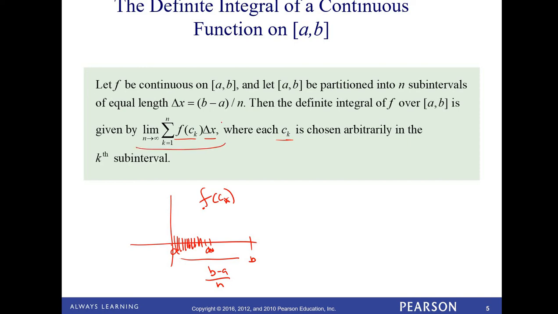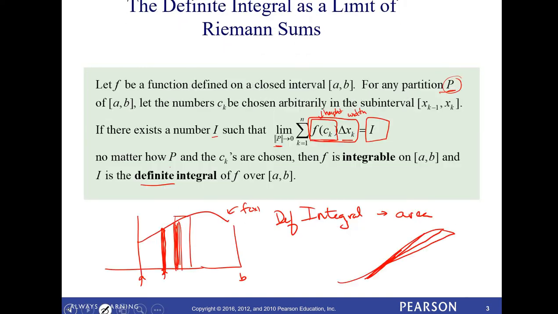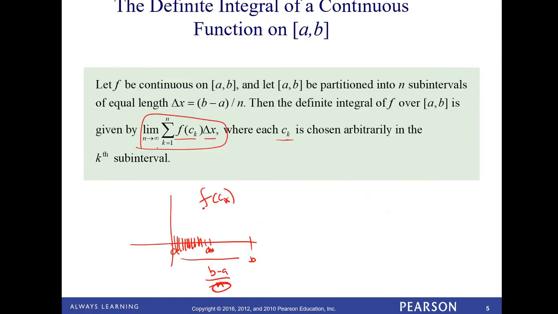So this is another way of writing it. We're saying that the number of intervals becomes infinite. In the last notation, which was very similar, we said that the interval itself became skinnier and skinnier and approached 0. Now we're saying that the number of intervals becomes infinite, therefore the width also approaches 0. Another way of writing it.